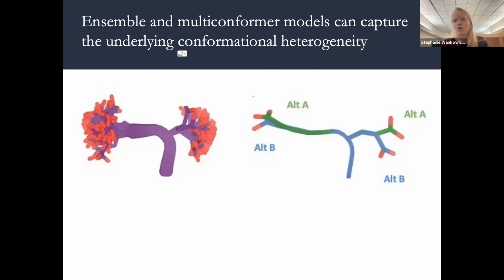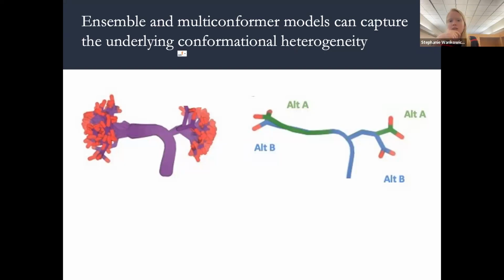Ensemble structures are trying to explain all of the electron density that you have by putting in many, many conformations, oftentimes up to 50 to 100 different models, versus multiconformer models, which are trying to do this in a much more parsimonious way. By modeling in the major conformations that a side chain or a backbone might have, we're reducing the number of parameters in our model.